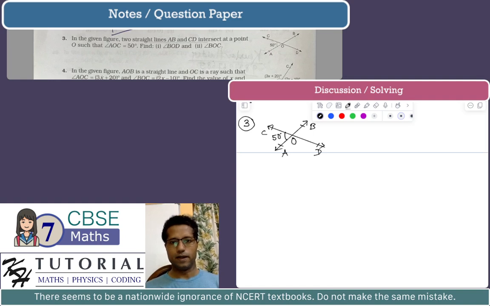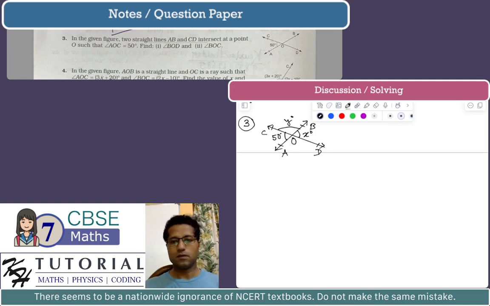We have to find angle BOD and angle BOC. We have to find this angle BOD, let's say this be x degree, and we have to find angle BOC, let's say this be y degree.